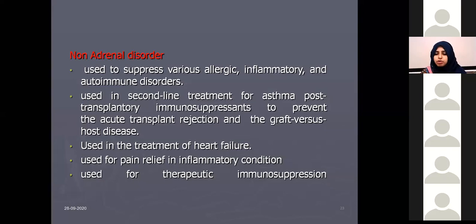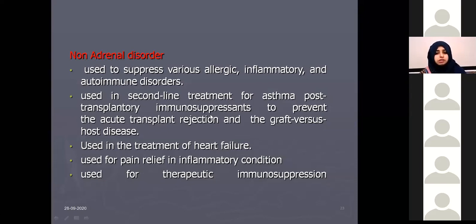We have already studied that it decreases lymphocytes, basophils, monocytes, and all the WBCs of the body. It also affects cytokine production and has a role in prostaglandins. In this way, it has a multitude of uses in allergic, inflammatory, and autoimmune disorders.